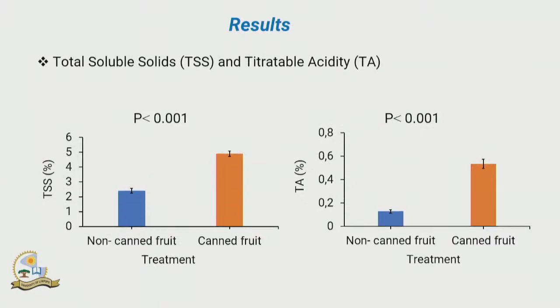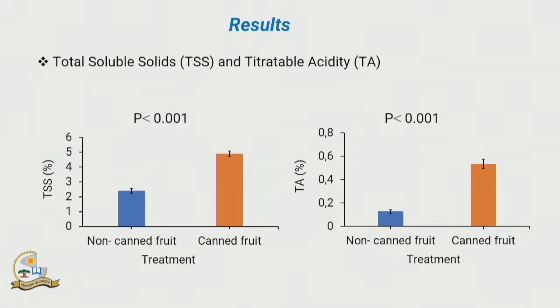What we found was that the total soluble solids increased in the canned fruit compared to the non-canned, and the same was found in the TA, the total titratable acidity. The TSS might have increased because of the syrup, but also, as you know, during post-harvest storage you have starch hydrolysis, where you have an increase of sweetness.